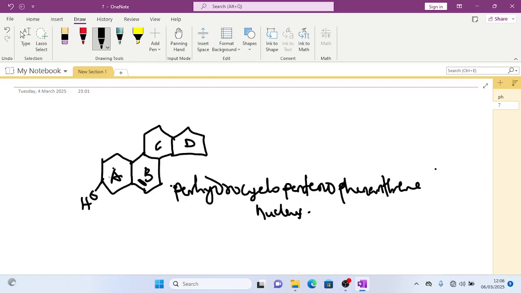In terms of the carbon positions, this will be 1, 2, 3, 4, 5, 6, 7, 8. Sorry, I made a mistake with the numbering.